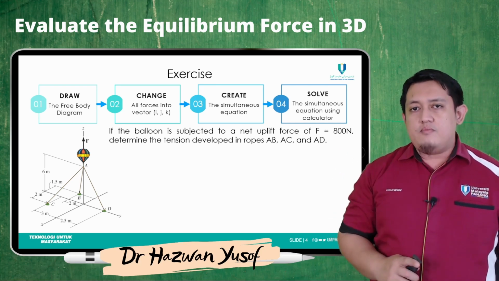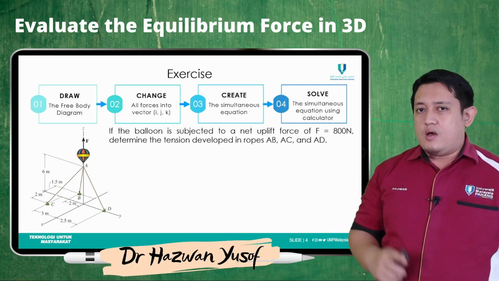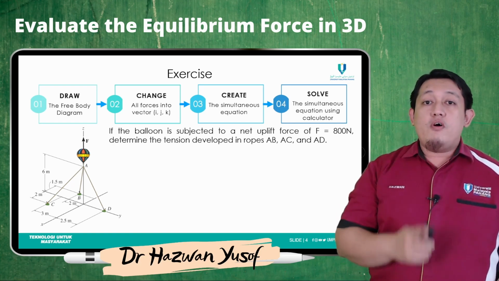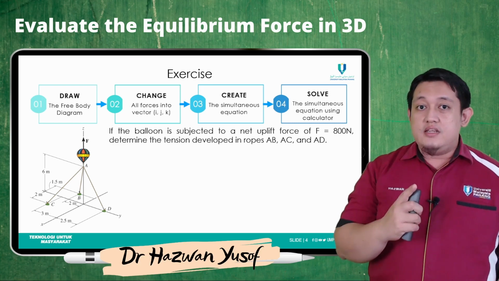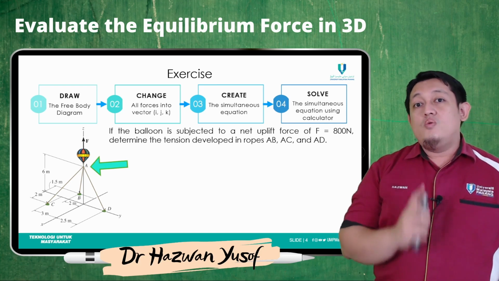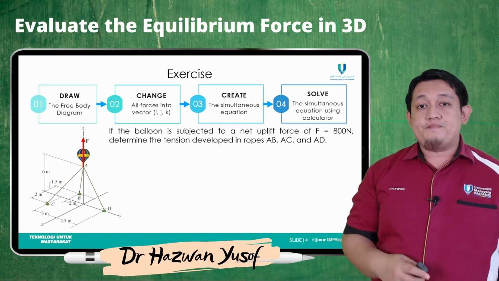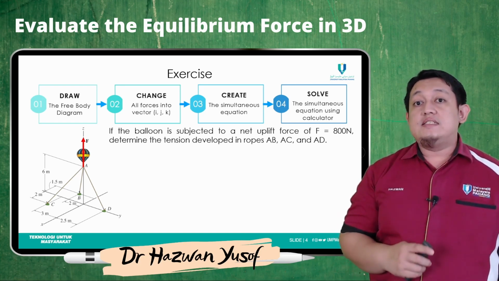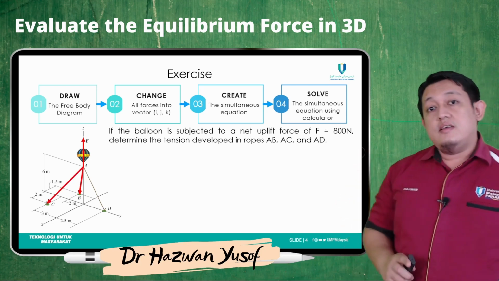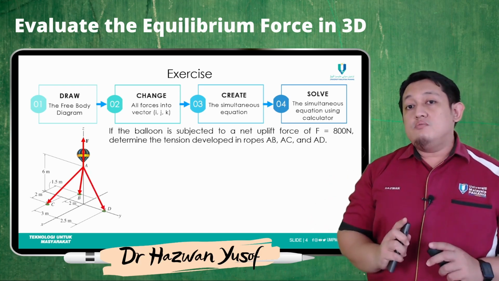So, the first step we need to do is to draw the free body diagram. Which point do we need to choose for the free body diagram? Of course, the point that has all the forces on it, which is point A. At point A, we have a vertical force, which is force F. Then, we have the forces inside the ropes AB, AC, and AD.